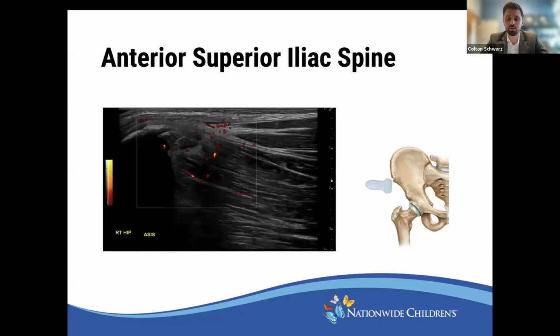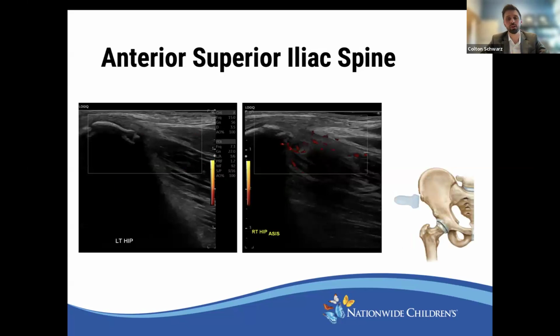When adding on power Doppler to this view, you'll notice hyperemia along that area of cortical irregularity and that avulsed fragment. As mentioned previously, it's difficult to really interpret isolated hyperemia in an apophysis, as there can be an expected physiologic amount on power Doppler. So to help with this interpretation, you can compare to the other side. And here you can see that distinct difference between each ASIS apophysis.